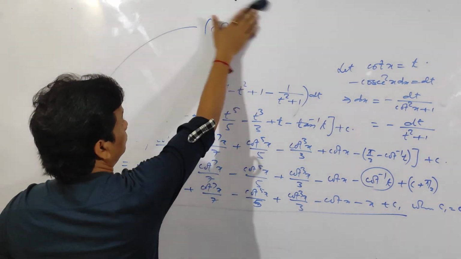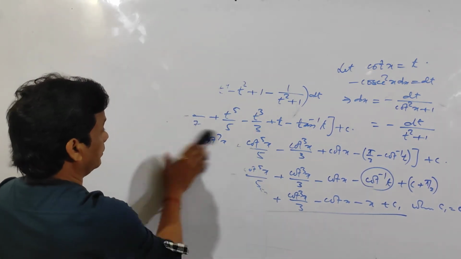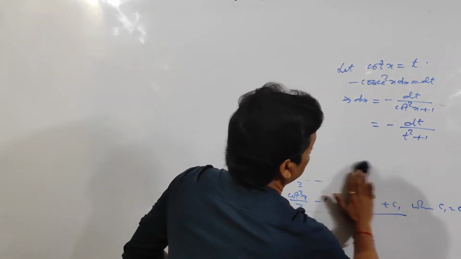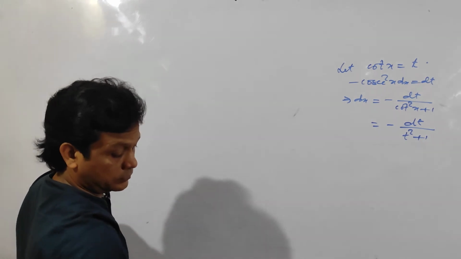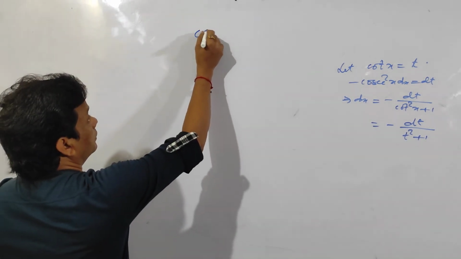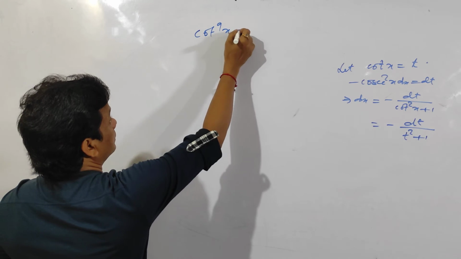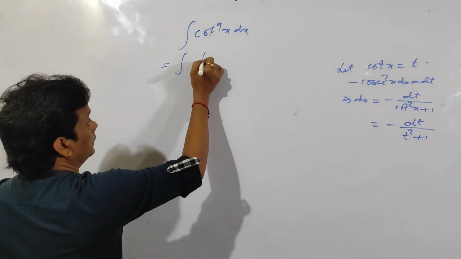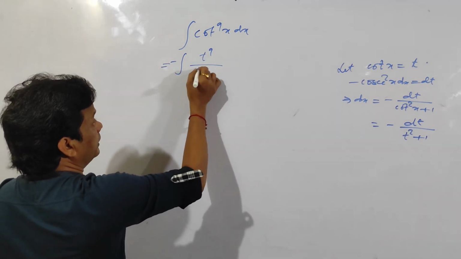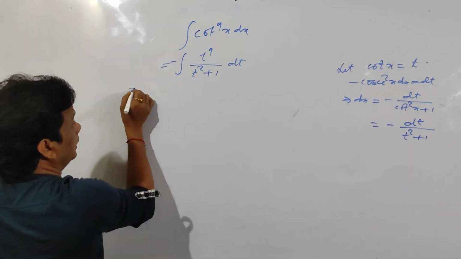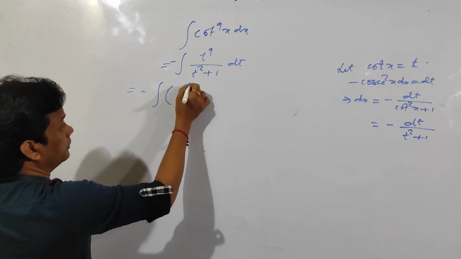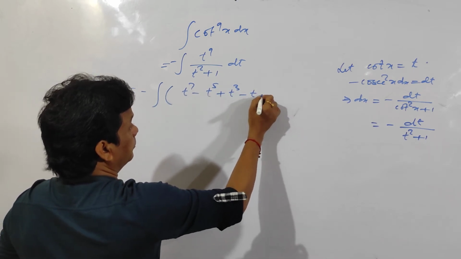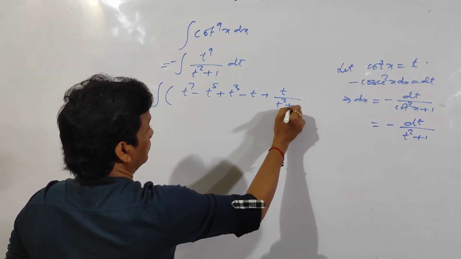See here. Cot 9x into dx integration. Same substitution, it will become t to the 9 minus by t square plus 1 into dt, and now tell me it will become t to the 7 minus t to the 5 plus t to the 3 minus t plus t by t square plus 1 into dt.